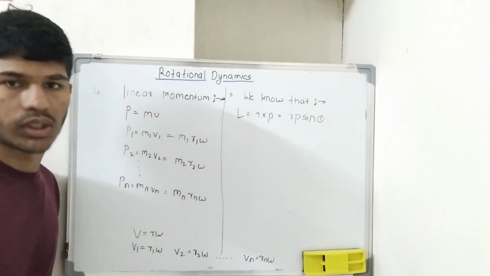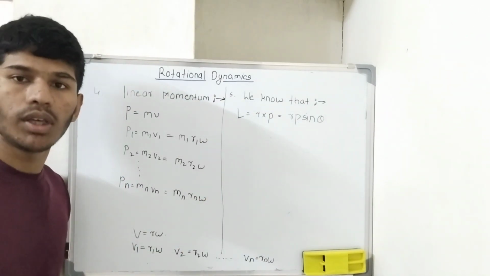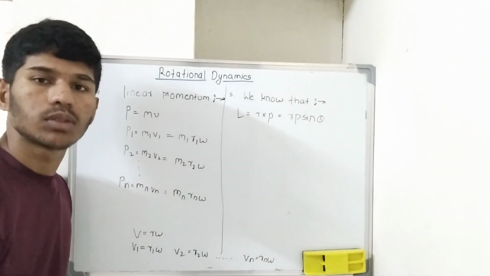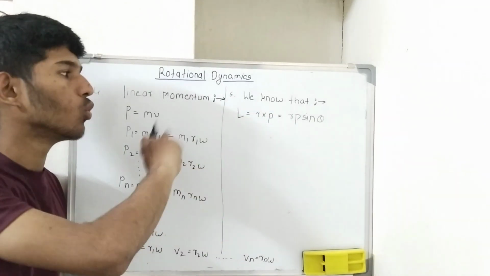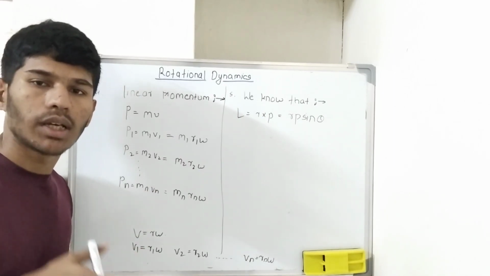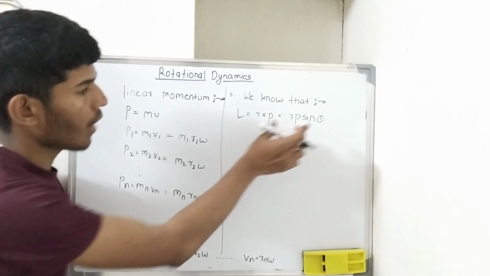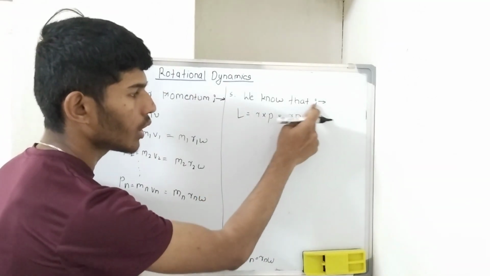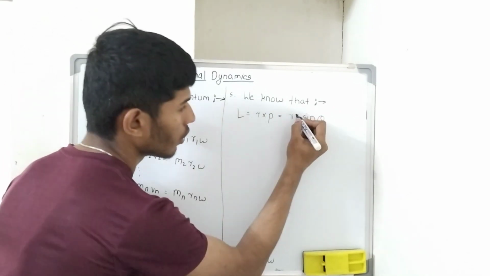Now here comes the important one. What will we do for the sin theta? Here we have to make one assumption, that is theta is very small as compared to all the other factors. As theta is too small, we have to neglect theta, that is, we neglect the whole term sin theta.